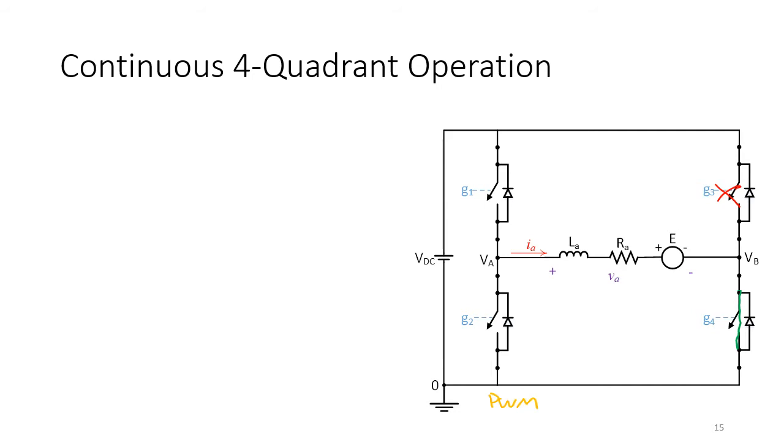It gives you the positive voltage you want. If you want negative voltage, you should do the opposite. You keep G2 on, turn off the G1 constantly, and do the PWM at this leg. Now you can find negative voltage.